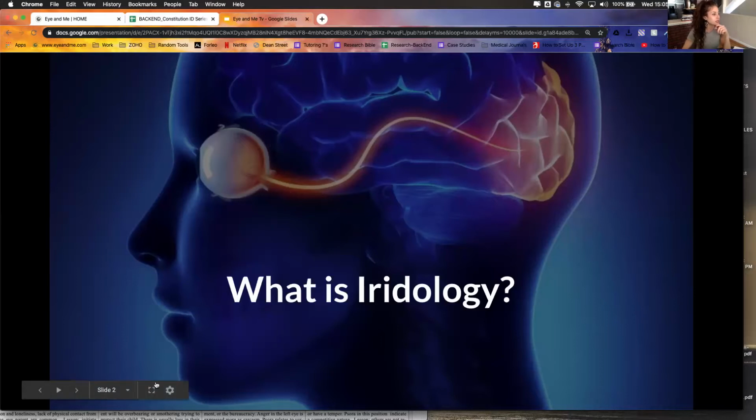As we can see on this screen here, the eyeball was original brain tissue when we were forming in the embryo. So it's like our brain connected straight out on the outside. It's connected by the most complicated nerve fiber in the body, giving us information back and forth about the state of the tissues of the body. Are they inflamed? Are they toxic? Are they congested? So on and so forth. So that's what we are seeing.